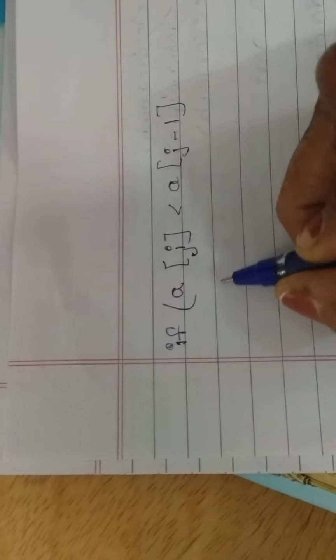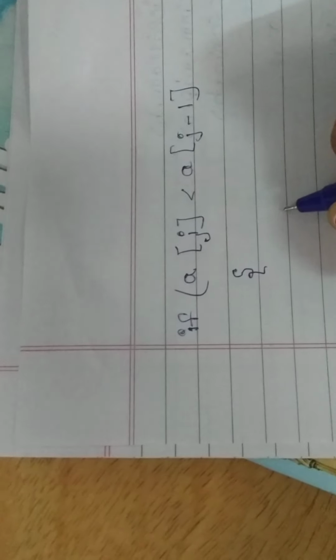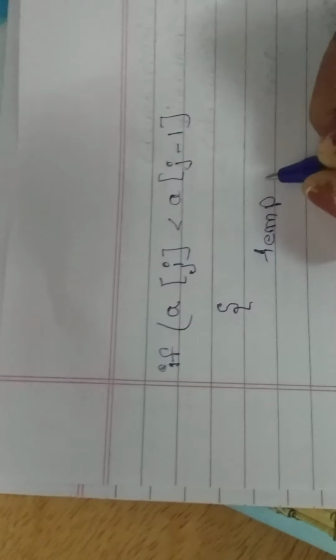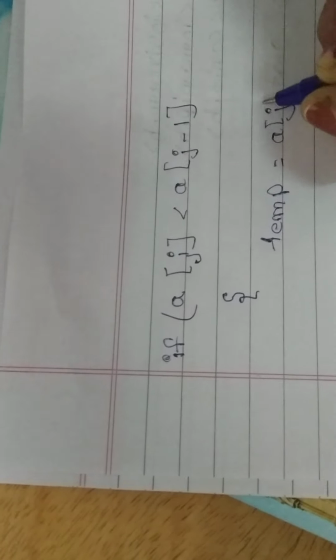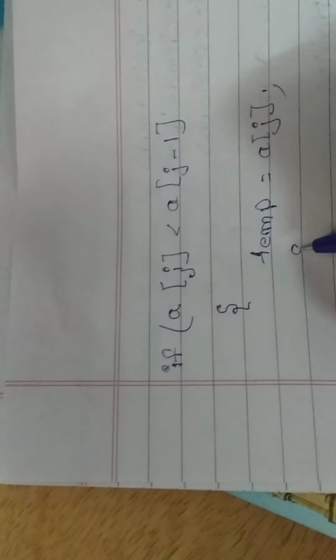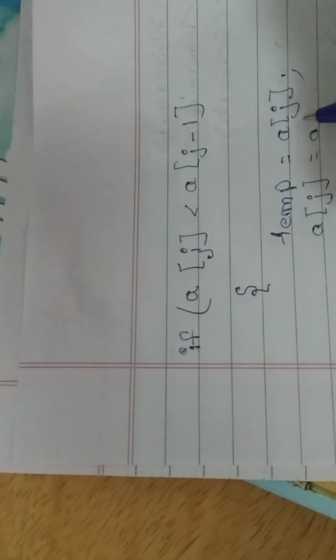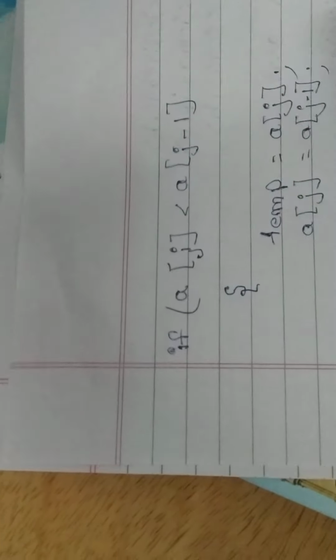If it is true, then, as in the first year lab program, we learned how to interchange. Temp is equal to a of j. If you know the example, the algorithm is very easy. Whatever is there, we are shifting here. A of j minus 1 we are shifting to a of j.